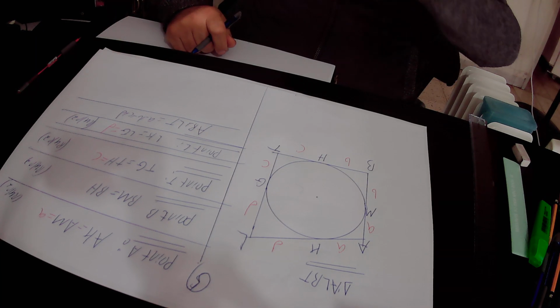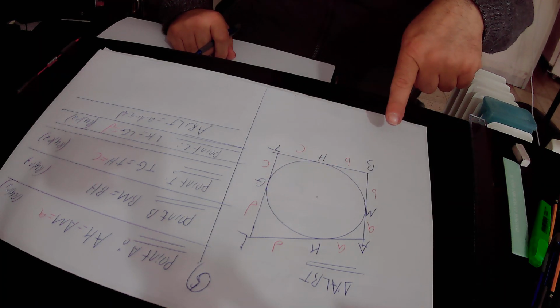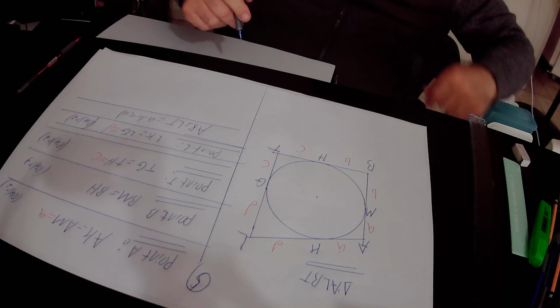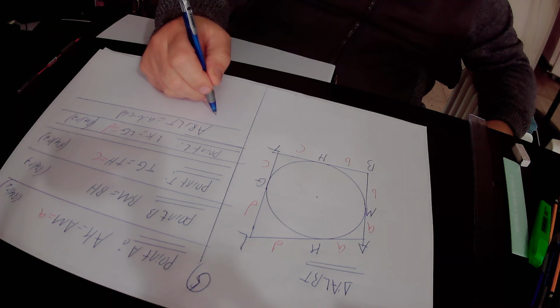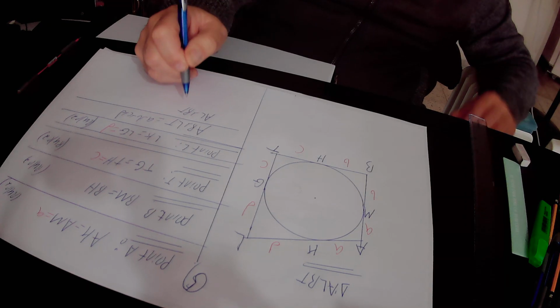Likewise, we join side AL to the opposite side, side BT. So what is the value of AL plus BT?